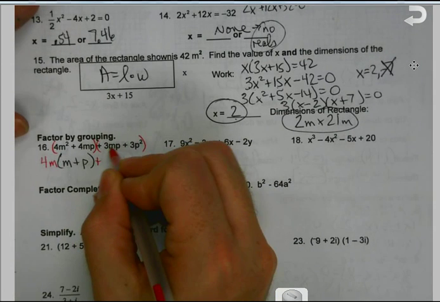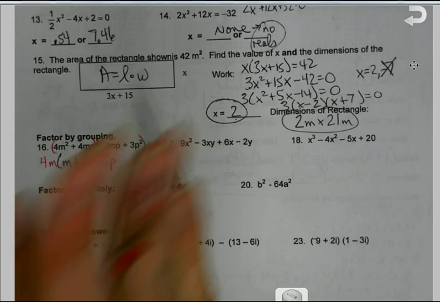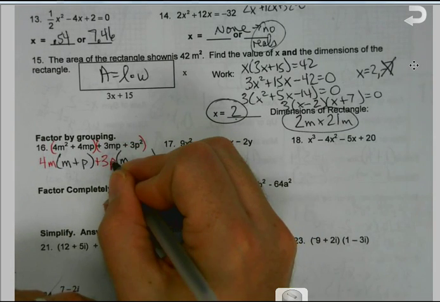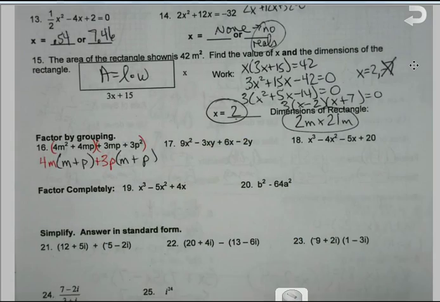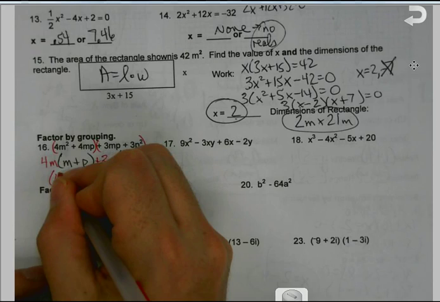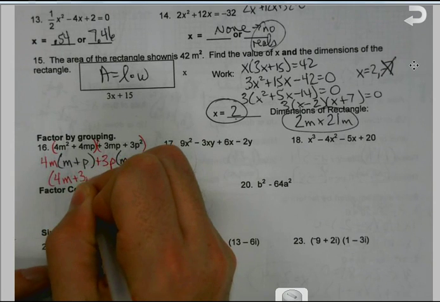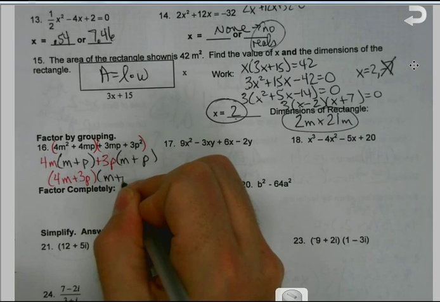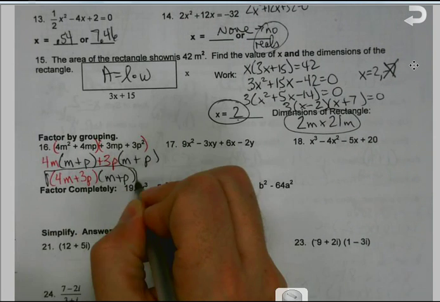So here I've got a 3 and a p in common. I need the m, got 1 p, I need 2, and that's what I'm looking for. And then my solution, my factors go together, my common quantity goes together, and I'm done.